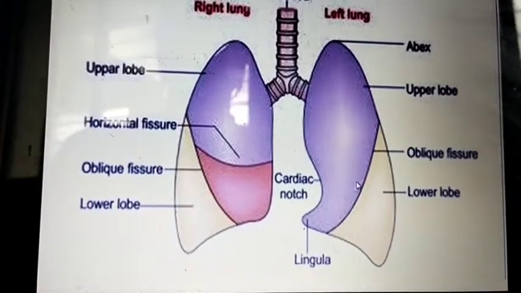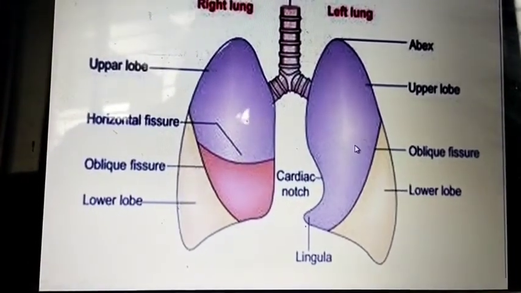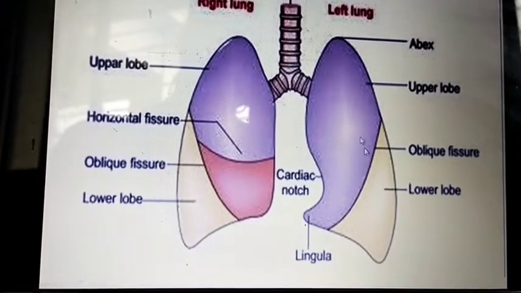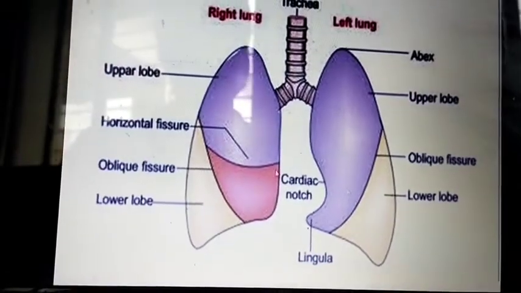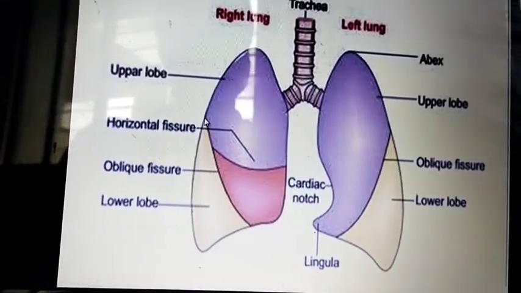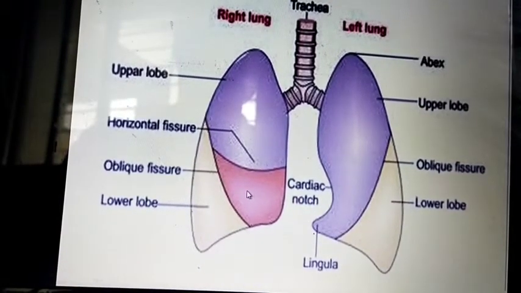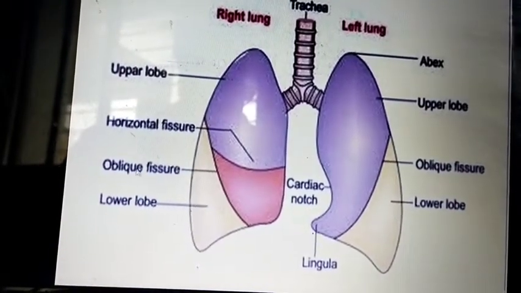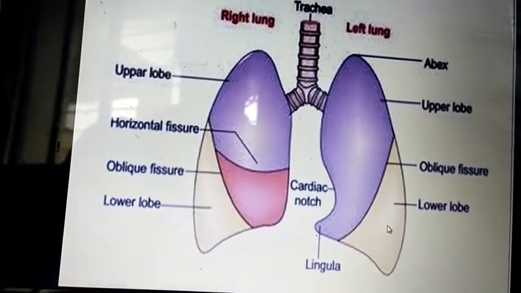In the left lung, there is only one fissure, the oblique fissure. Because of that, there are only two lobes. You can see here, this is the upper lobe, this is the middle lobe, and this is the lower lobe. In the left, this is the upper lobe and this is the lower lobe.